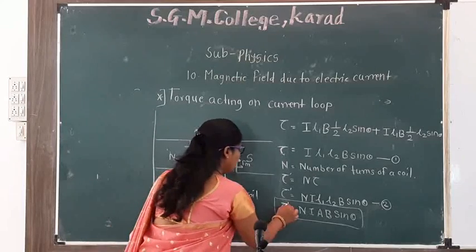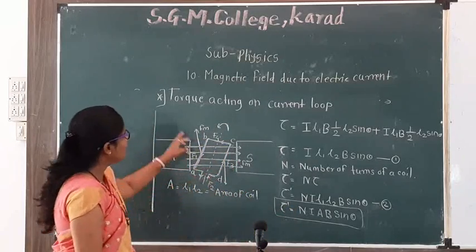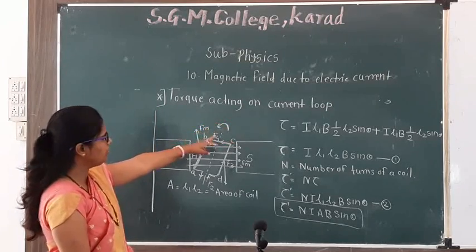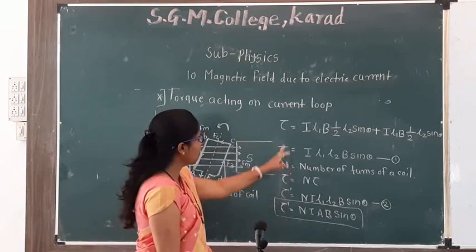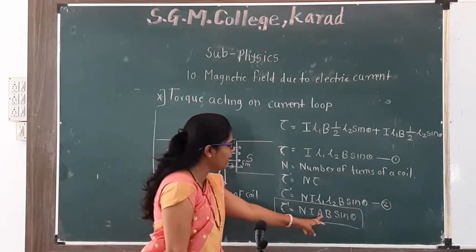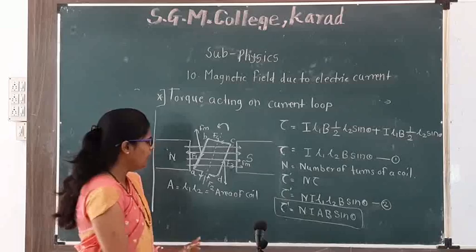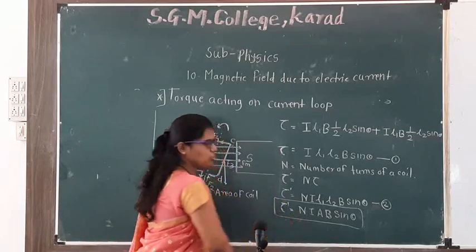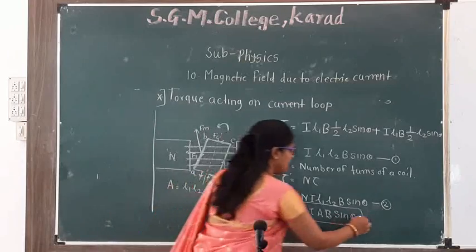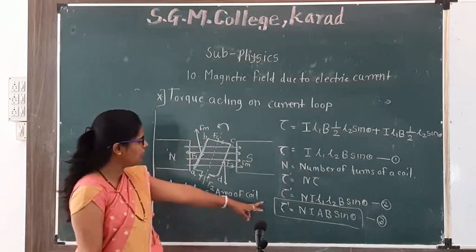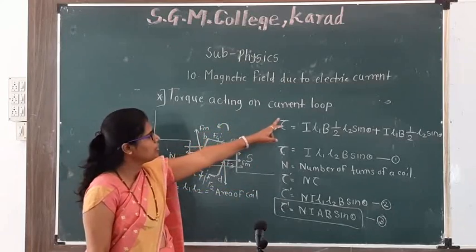Now for the torque acting on the current loop, the torque equation is tau dash equals n I A B sin theta. By using this equation we can solve examples also. This is the last equation for the torque acting on the current loop.